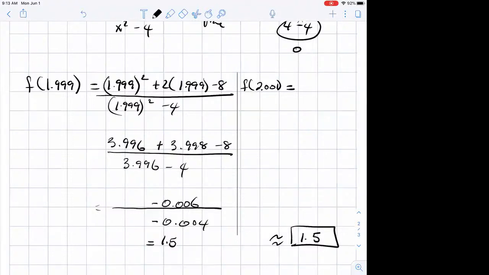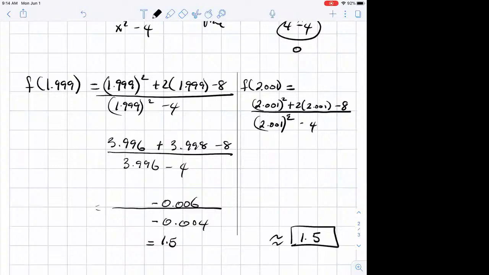So if we do this, we're going to have 2.001 squared plus 2 times 2.001 minus 8, all of this divided by 2.001 squared minus 4. Okay.